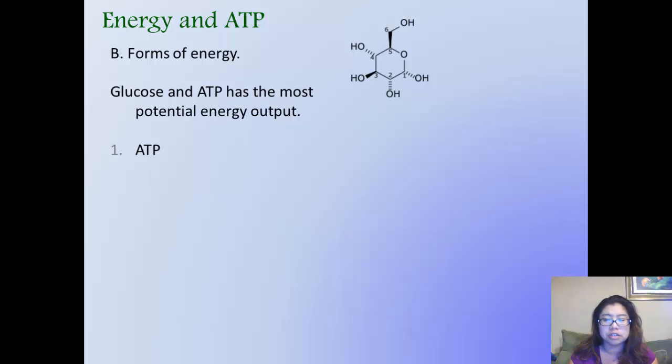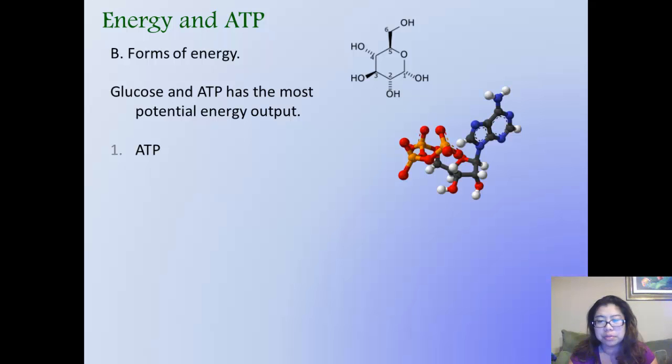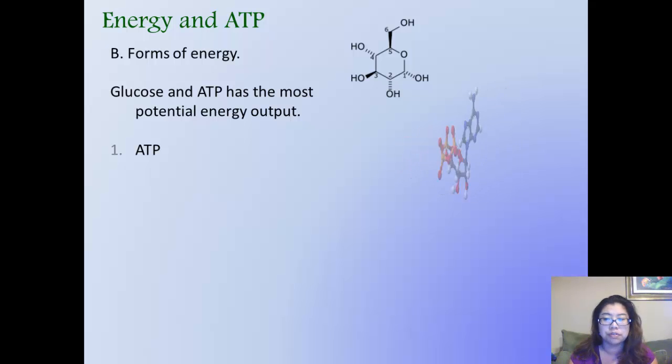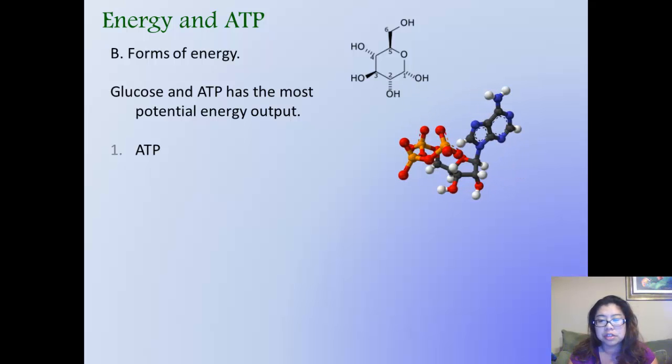So here is the chemical form of ATP in its 3D model form. You can tell that the blue rings are the nitrogen, and the triphosphate are the orange and red bonds here. Carbon is always portrayed as the gray bonds in a molecular model. The other forms of energy that trail behind ATP are NADH, NADPH, FADH2.